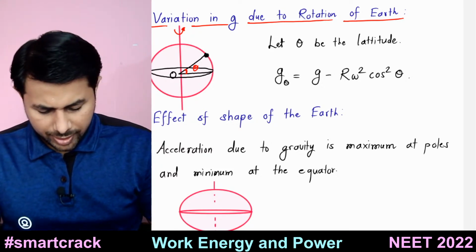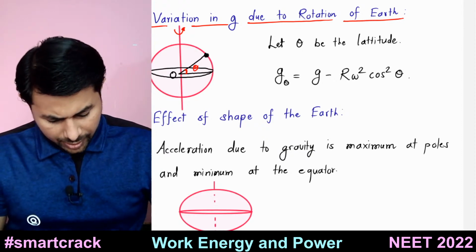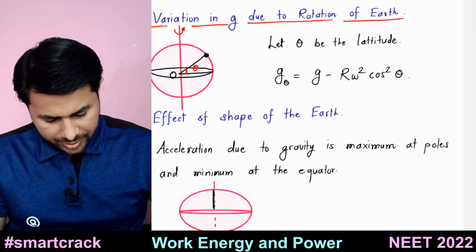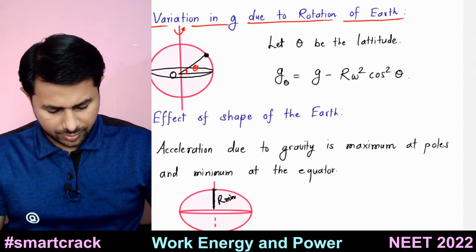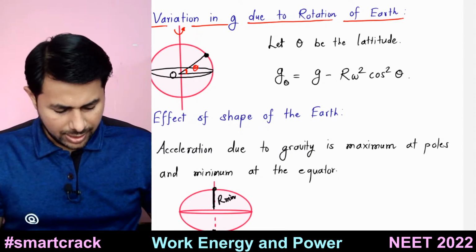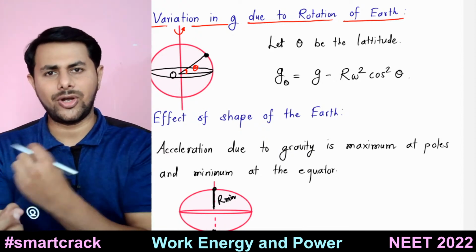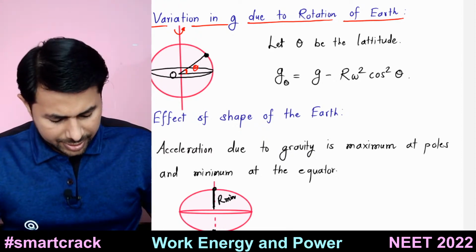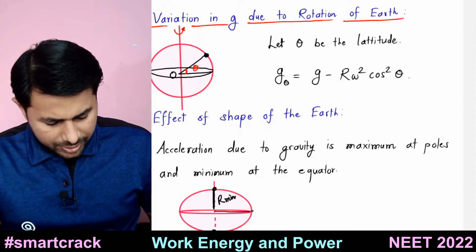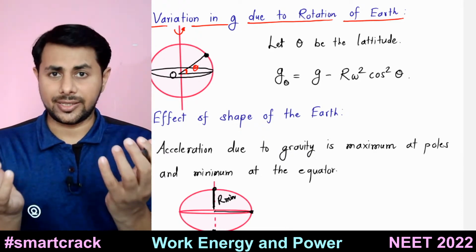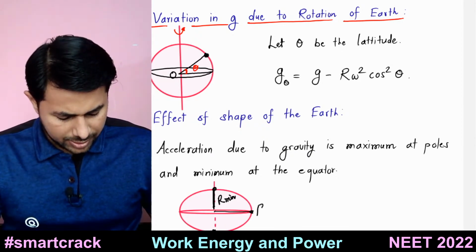Why? Because if you think about the radius of Earth, the radius is minimum at the poles, and it is maximum along the equator. If you move to any point on the equator, the radius of Earth will be maximum, because Earth is bulged like that.